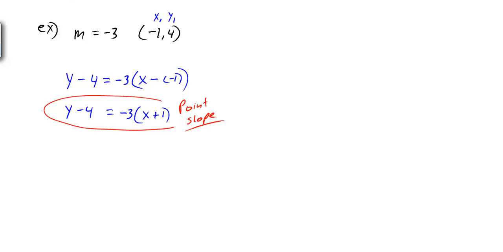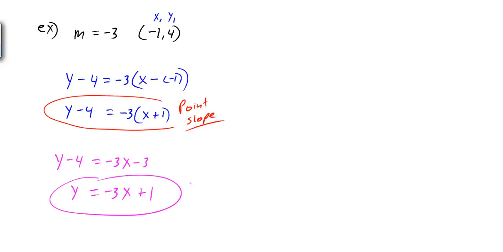If we continue to solve for y: y minus 4 equals, distribute the -3, so we get -3x minus 3, and solve for y, so move the 4 over, so we're going to add 4, so we get -3x, -3 plus 4 would be plus 1, and here we end up with our slope-intercept form, y equals -3x plus 1.